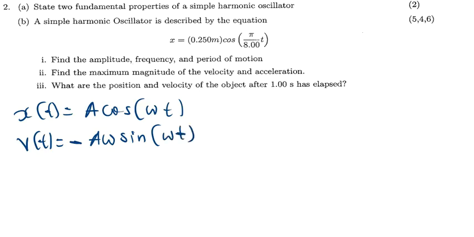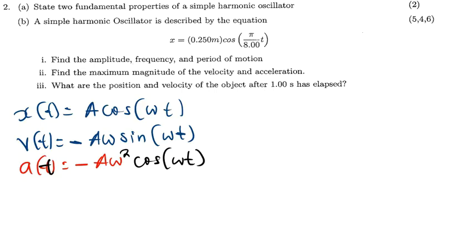Then the acceleration as a function of time is given by negative A times angular frequency squared, cos now, because the first one is in sine. Now I can clearly see that we don't have the time, but our main focus here is we want to find the amplitude.